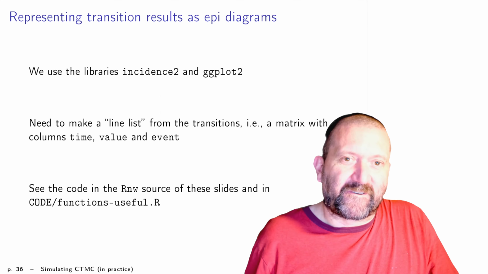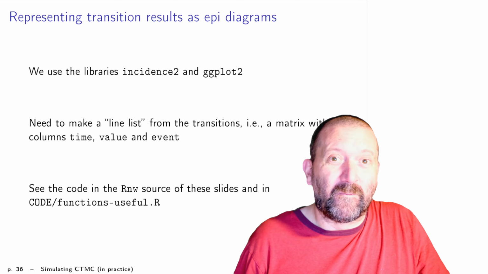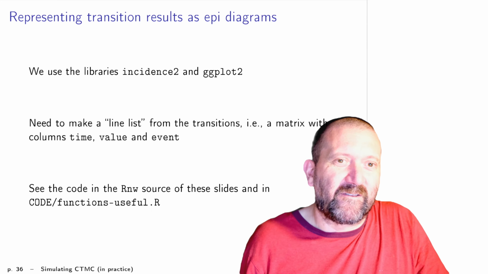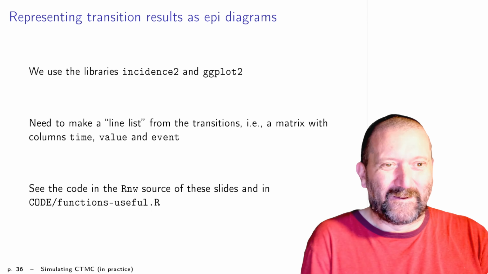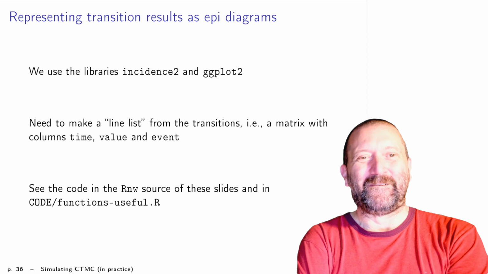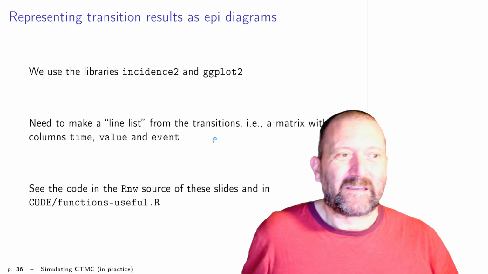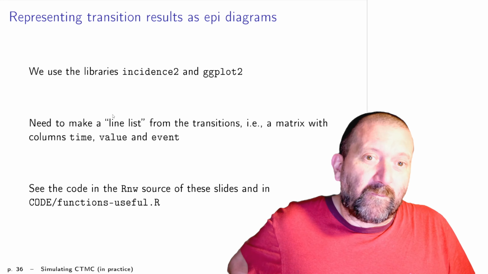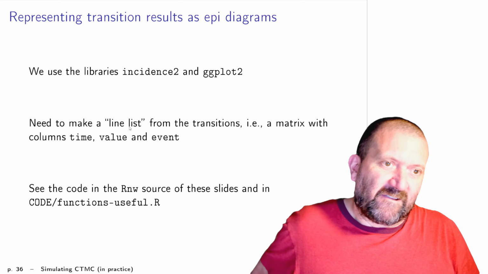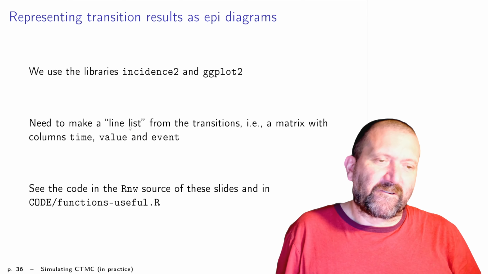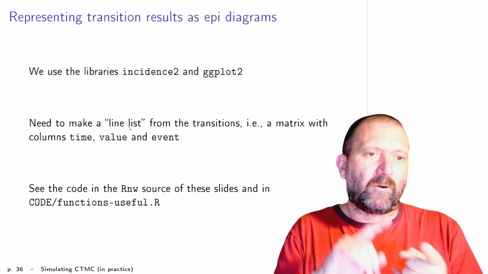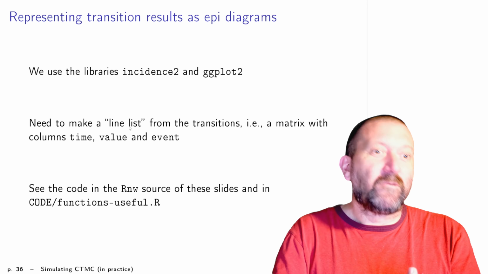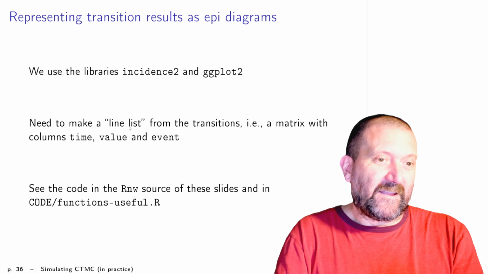Let me just show you how you would plot this. I'm going to make this plot as an epi diagram. I'm going to use something called incidence2, and a famous package if you do some R, ggplot2. To plot like this, I need what's called a line list from the transitions. That's a matrix which has at minimum three columns: time, value of whatever, and event.